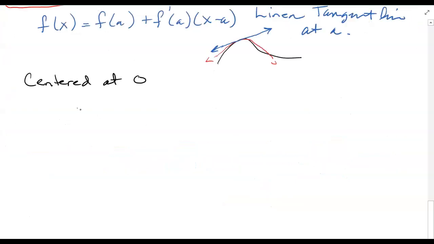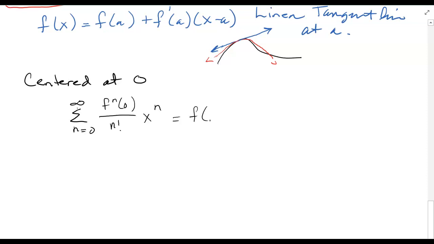Centered at 0, we would just have the summation n equals 0 to infinity of f^(n) of 0. So we know what a is if we're centering it at 0. Over n factorial, and then just x to the n, because you don't have the x minus a, since a is 0. And you can get an idea of what this one's going to look like.